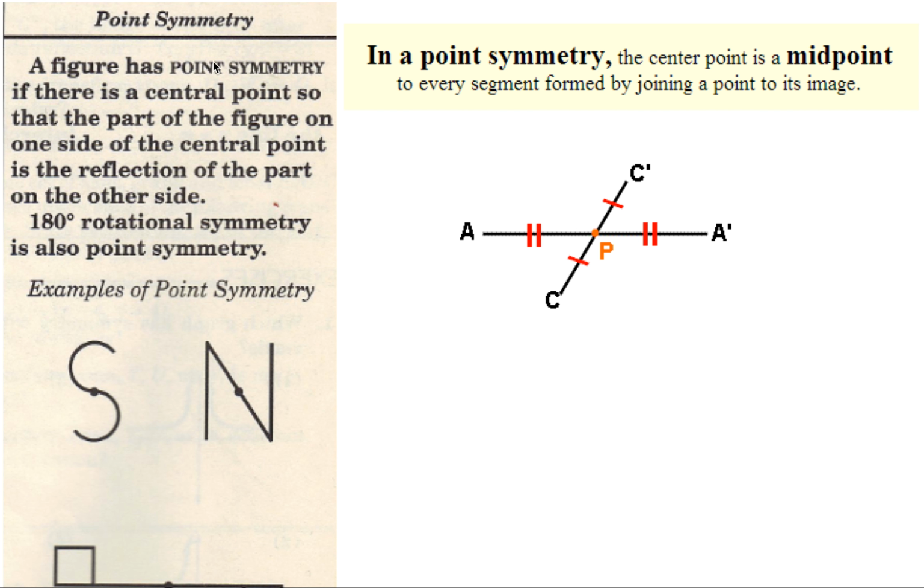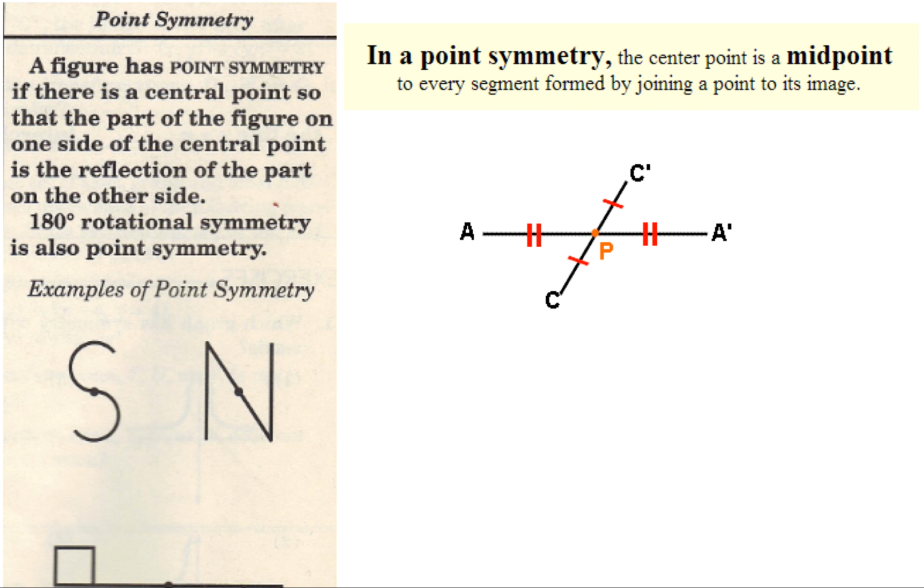Let's take a look at this. Here's another description of point symmetry. A figure has point symmetry if there is a central point so that the part of the figure on one side of the central point is the reflection of the part on the other side. Remember how I said to think of point symmetry as a point of reflection or a midpoint between any two points on the figure.